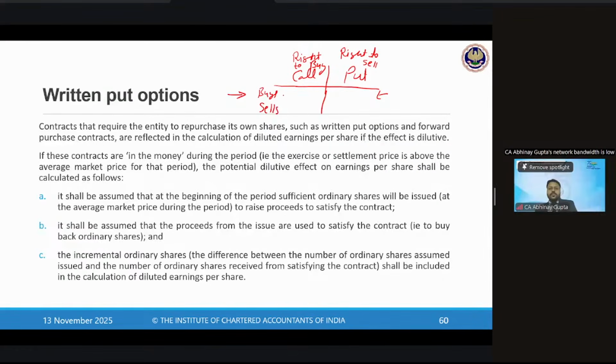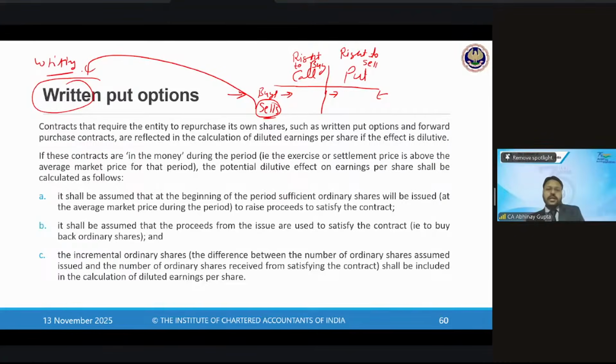When he buys the call, it is called buying a call. When somebody buys the put, it is called buying the put. When somebody sells the call, it is called writing a call option. So selling means writing. And when somebody sells the put option, it means writing the put option.